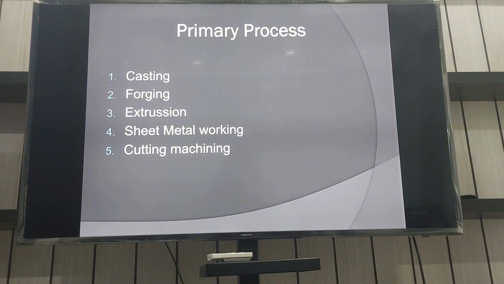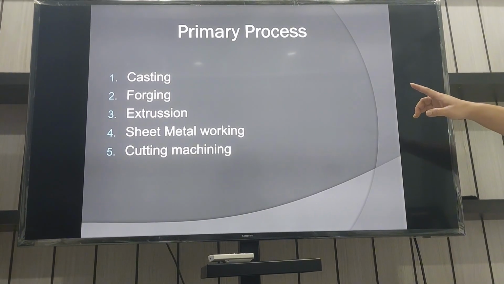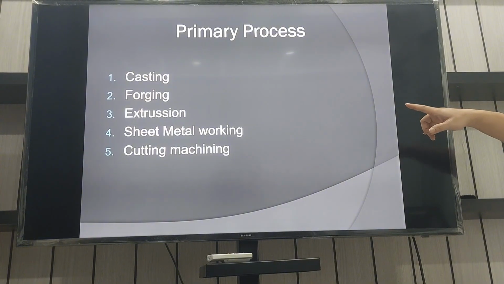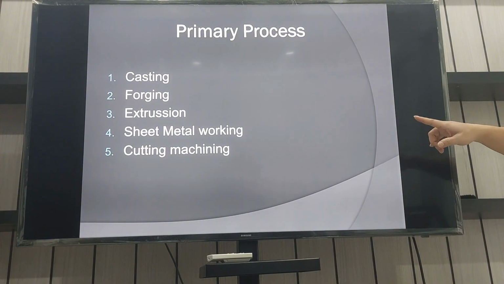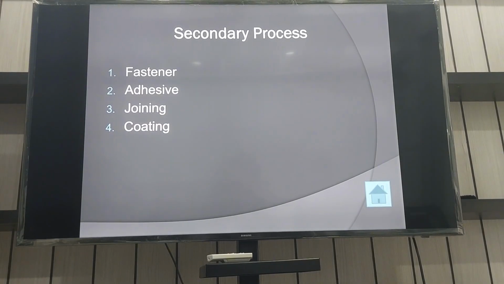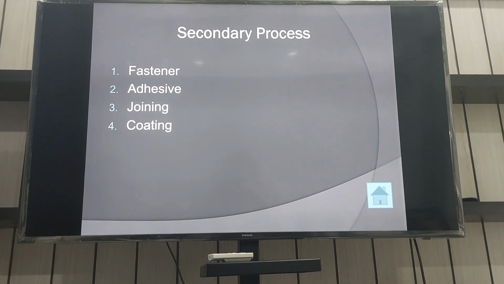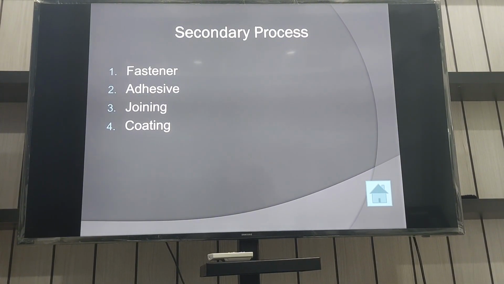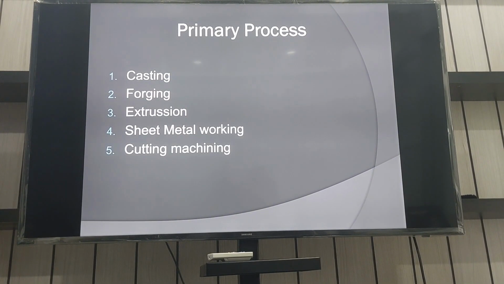So what is the difference between primary process and secondary process? The primary processes are casting, forging, extrusion, sheet metal working, cutting, machining. Secondary: fasteners, adhesive, joining, coating. Can you identify what is the difference between primary and secondary?